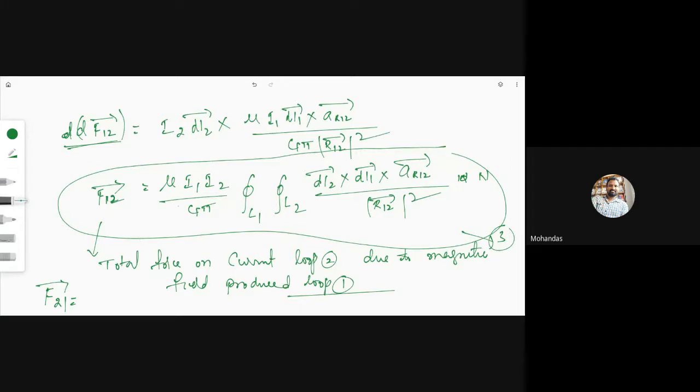Similarly, you have to write the equations, and I am giving the direct formula. Do practice as homework.